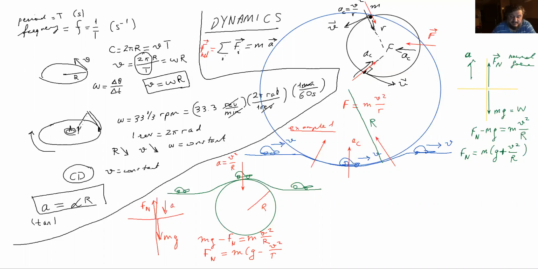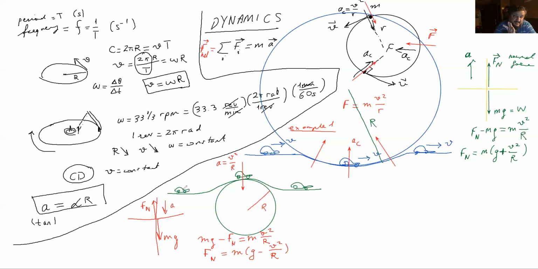All right, so let's go back here. I'm just going to put R. All right, so Fn, the normal force, is equal to mass times g minus v squared over r. Now, look at this negative sign here. You subtract this from g, which means the normal force is less than usual.